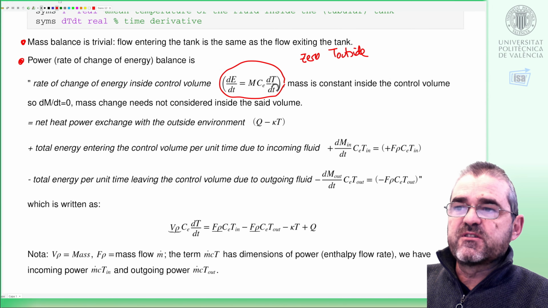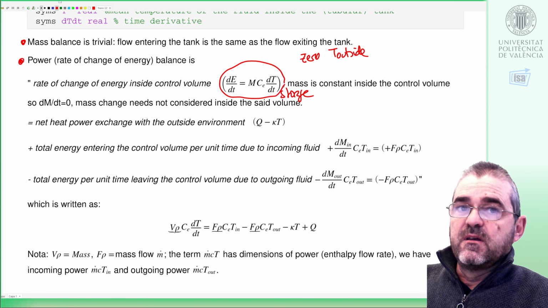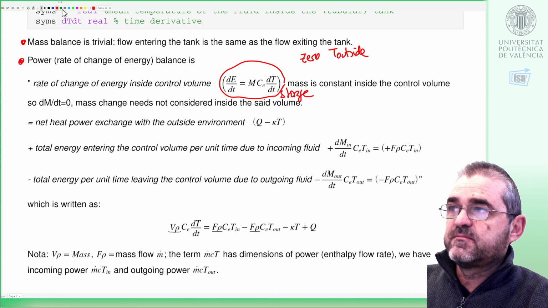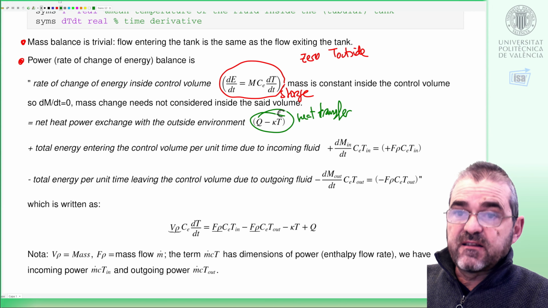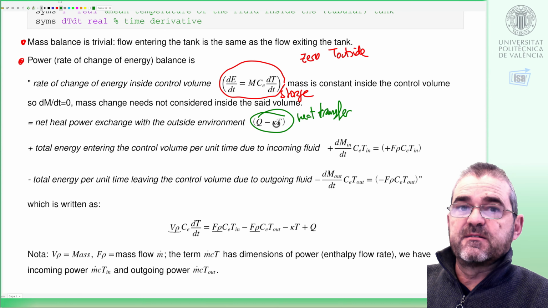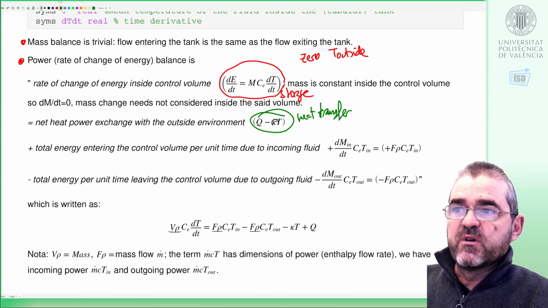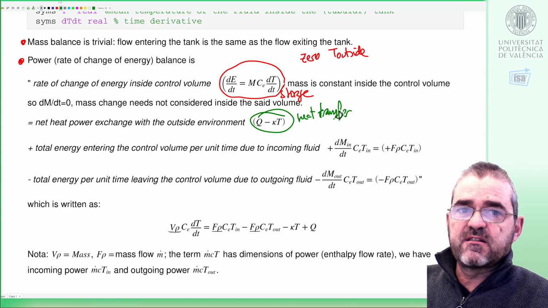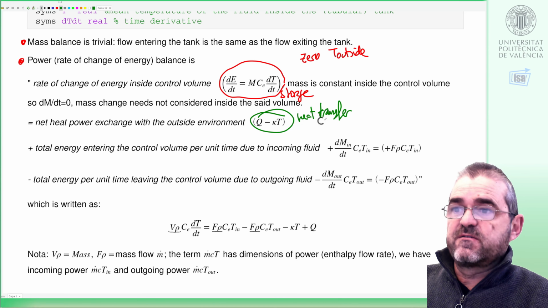So this will be the storage as thermal energy of the fluid. And other things that enter the balance will be this heat transfer, power from the resistor, and minus a certain thermal conduction coefficient times the inlet temperature. So this is heat transfer without mass transfer.